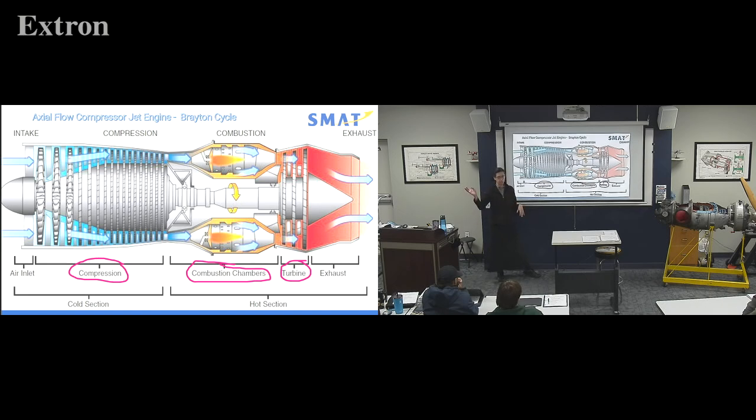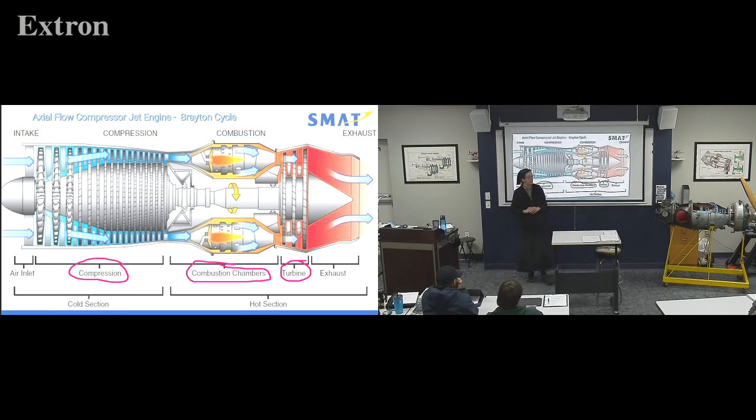I know Ryan's talked about it in a bunch of your other classes, using compressor bleed air because it's relatively cool compared to the hot section, which is our combustion, turbine, and exhaust. So those are two sections I'll be referring to. Cold section: compressors. Hot section: combustion, turbine, exhaust.